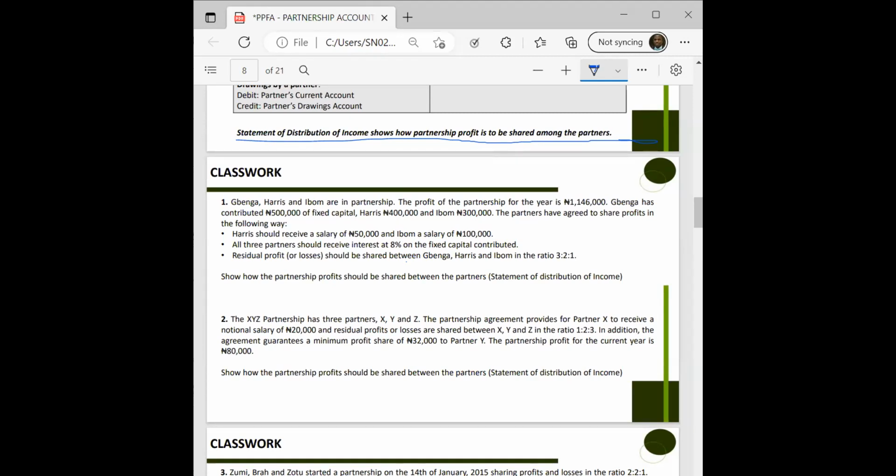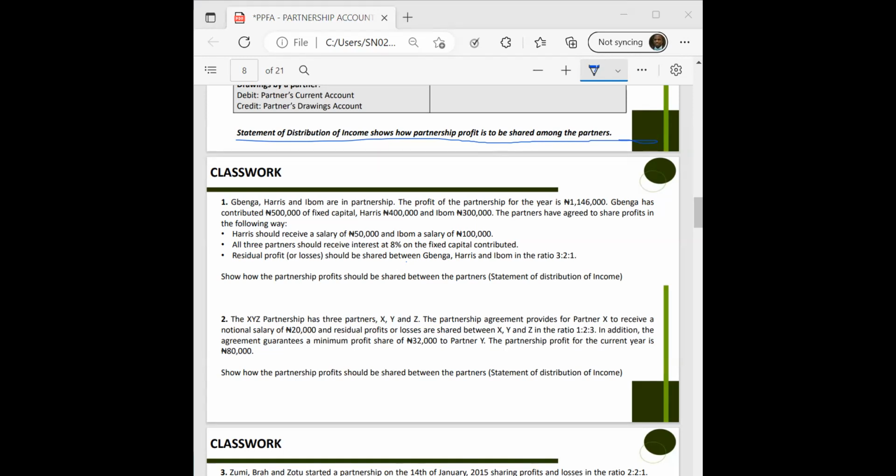The profit of the partnership for the year is 1,146,000. Benga has contributed 500,000 on fixed capital, Harris 400,000, and Ibom 300,000.